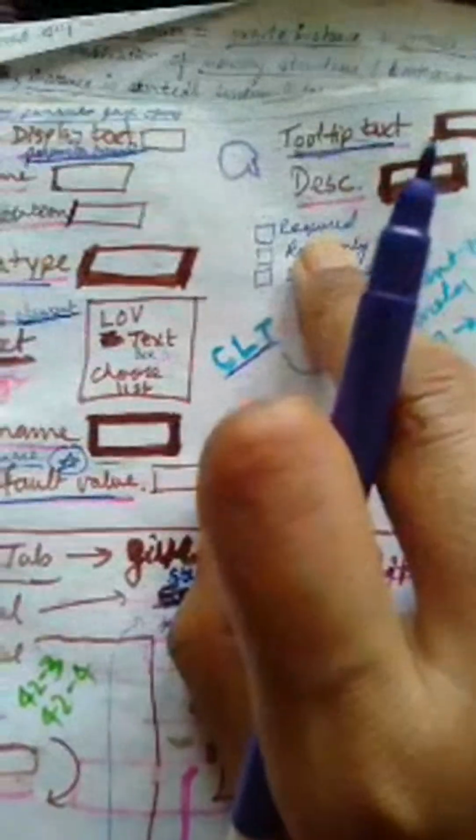Next to that is the application name. First is display text, tooltips and description.